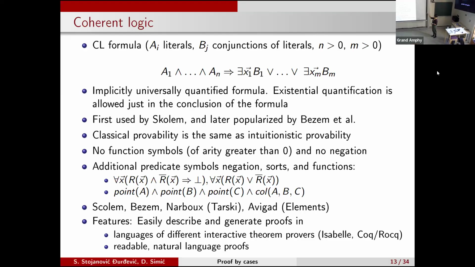Existential quantification can be present, but doesn't have to be. Also, disjunctions don't have to be present, so you can have just one, or even an empty one. It really depends on the formula.